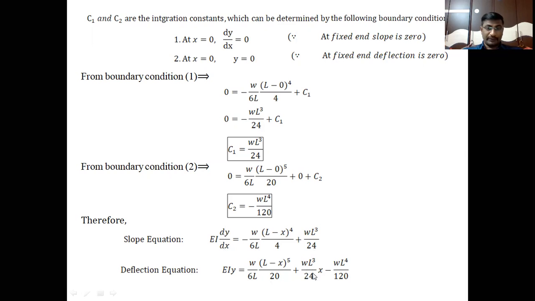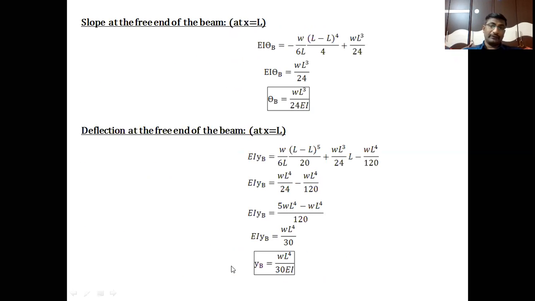WL cube by 24 into L gives WL power 4 by 24, minus WL power 4 by 120, equal to EI yB. yB means the deflection at point B. So after getting the slope at the free end of the beam, that is at x equal to L, EI theta B, where theta is the slope or dy by dx, is equal to minus W by 6L, (L minus L) all power 4 by 4, plus WL cube by 24.